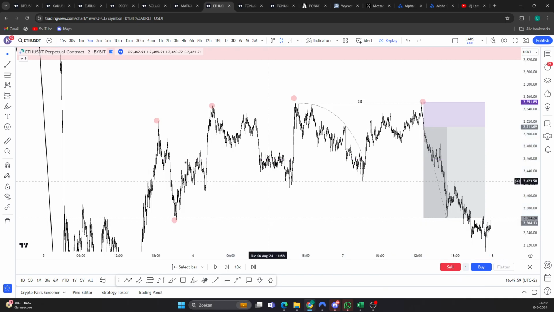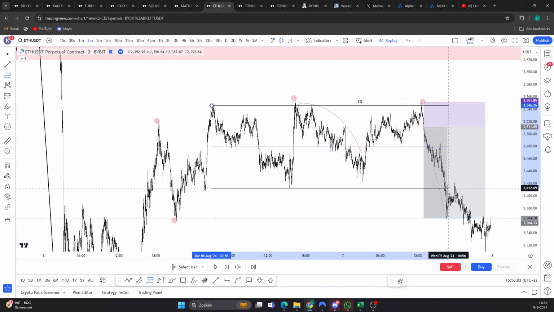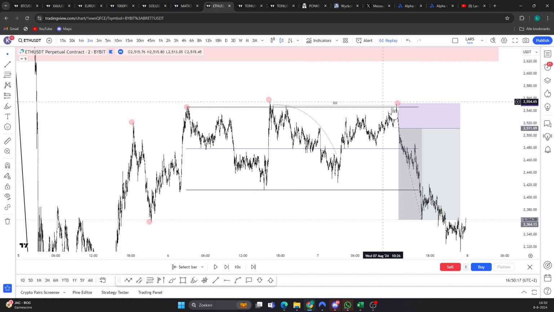The thing is, the reason why I put it like this is because my Model 1 never got confirmed, because you never broke structure, and you will never break structure because it's just one pump candle. And this tap meets all the requirements for a tap 3 of a Model 2. That's why I looked at it as a Model 2.